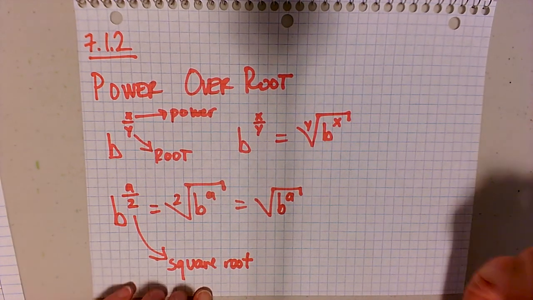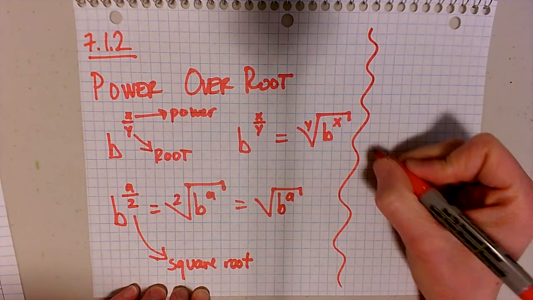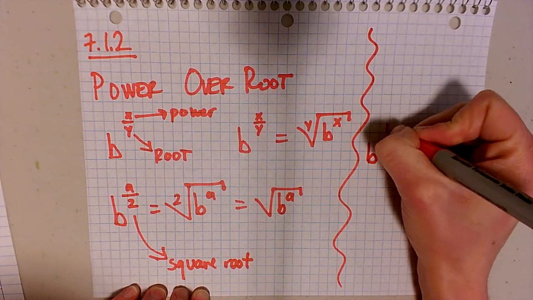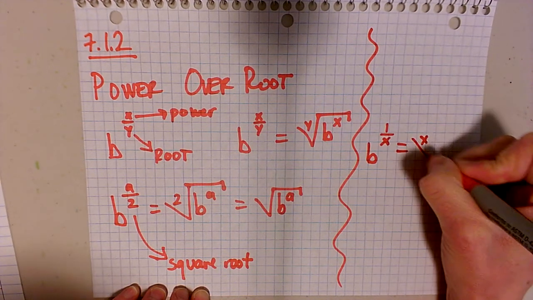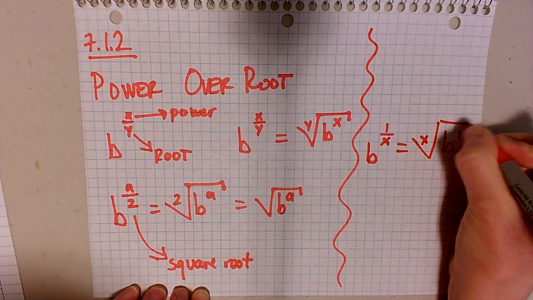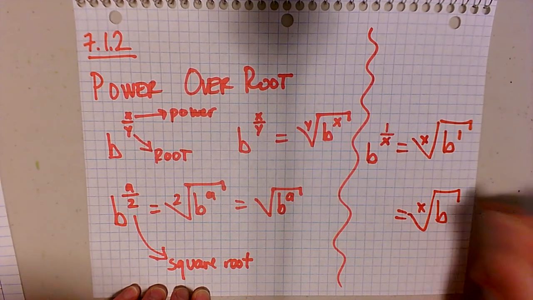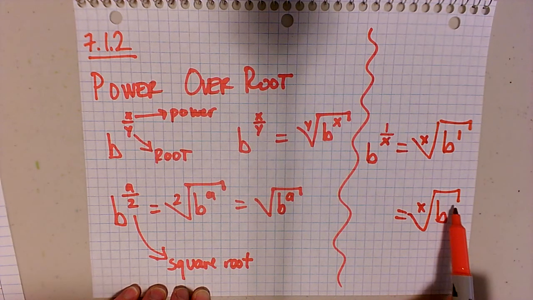Just like if we don't have an exponent, we can assume our exponent is 1. So if we have b raised to the power of 1 over x, that's the same thing as the x root of b to the 1, or the x root of b, because if your exponent is 1, you don't have to write it.